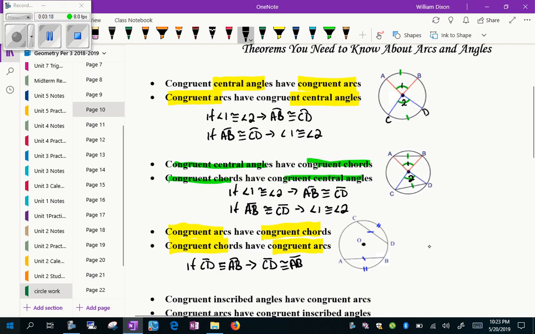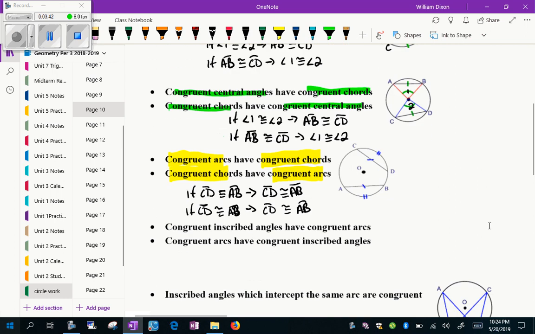And that second line says that if chord CD is congruent to chord AB, then arc CD is congruent to arc AB.